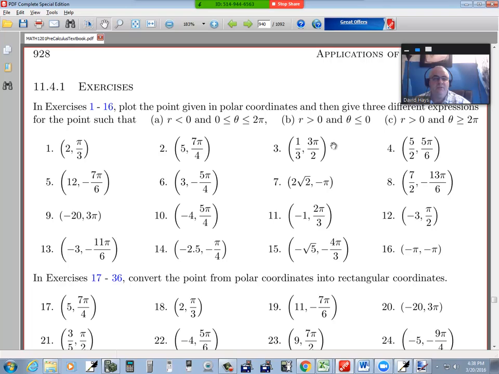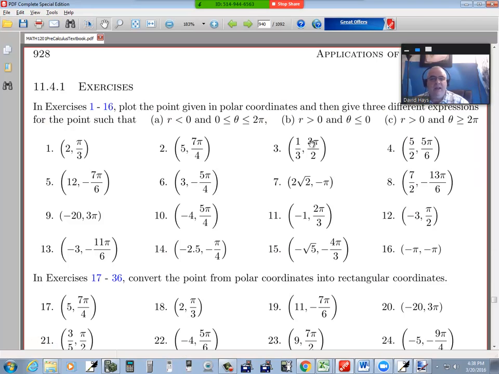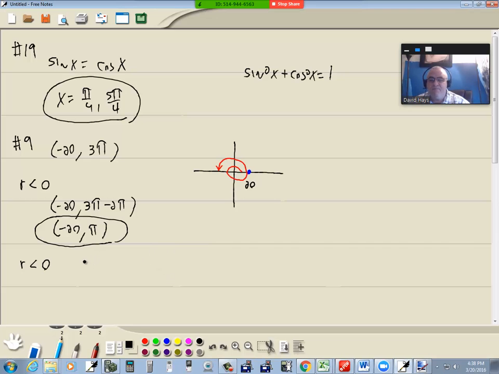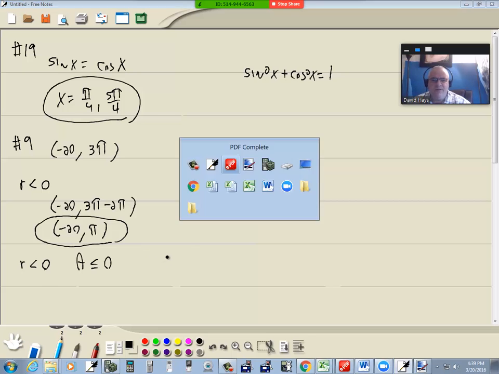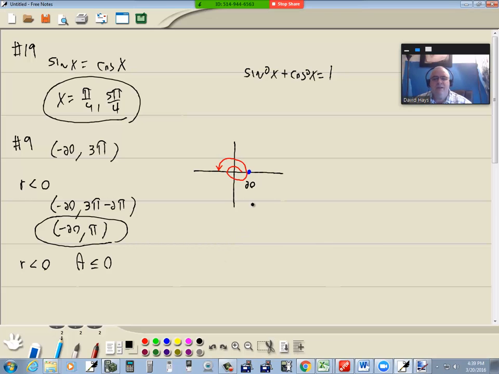Okay, next one is r is greater than 0, and our angle is negative. Is it less than or equal to 0? Yeah. I want to end up right here, no matter what, where the point is.